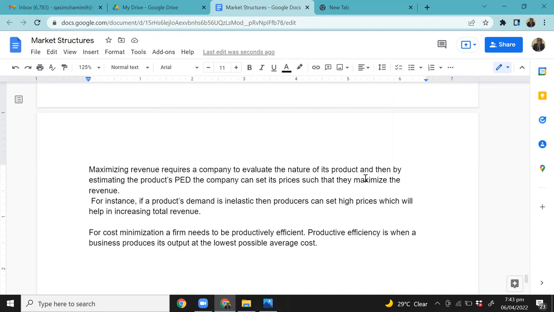Yes or no? So how do we show productive efficiency on a graph? Students, do you remember? We looked at the graph for allocative and productive efficiency, and we saw that productive efficiency is when you're producing on the lowest possible ATC curve. Let's have a look at this.